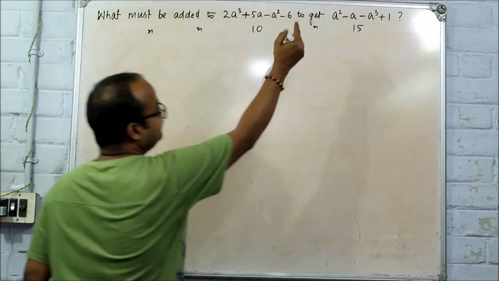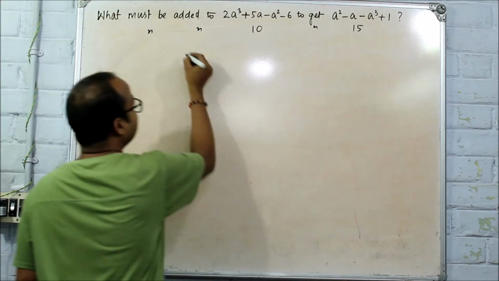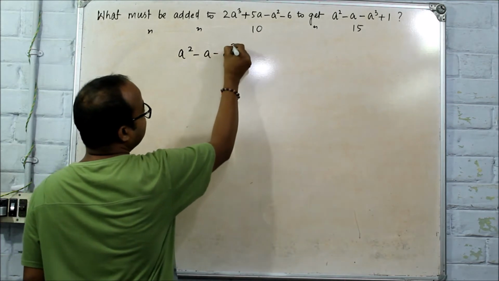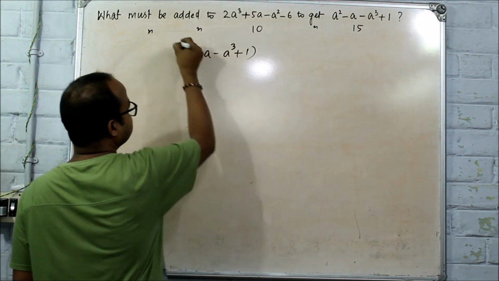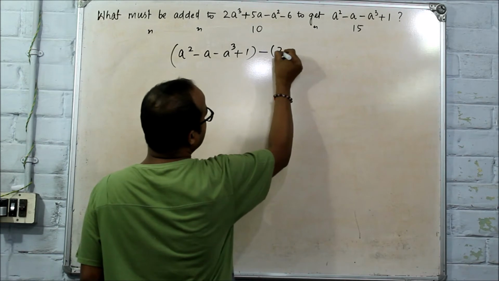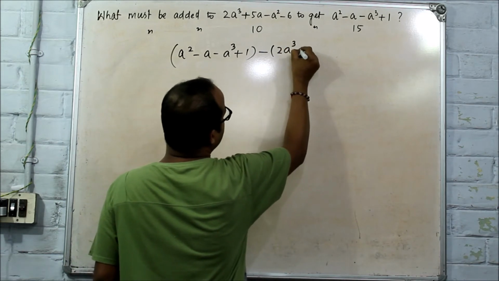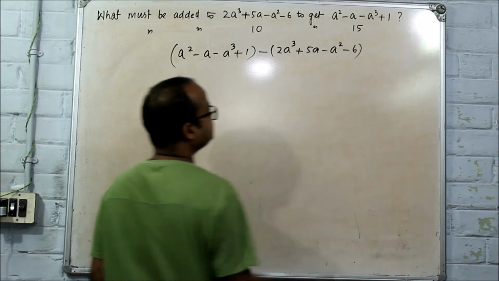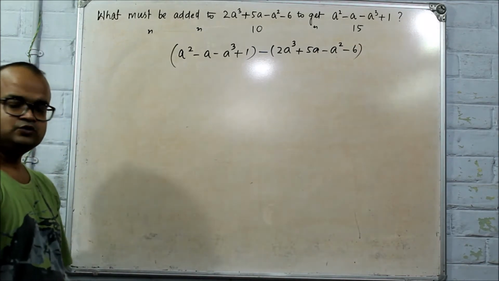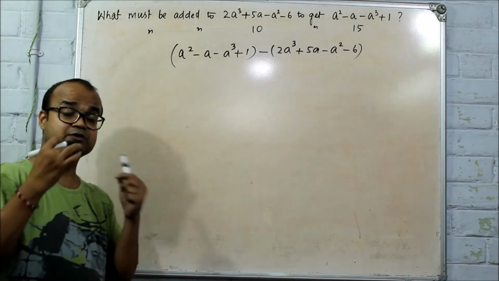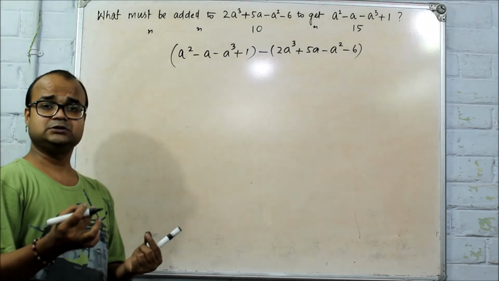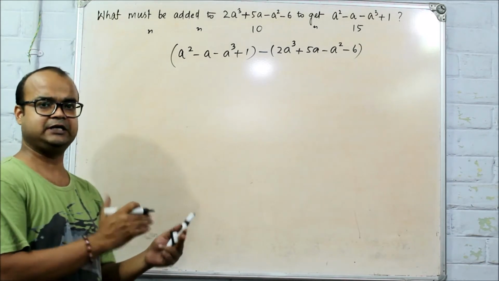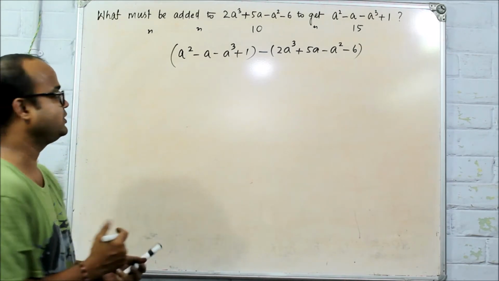In the same way, we subtract a square minus a cube plus 1 minus 2a cube plus 5a minus a square minus 6. Whenever you get some problem or confusion, take numbers, put them in the sum and find out what you would do in arithmetic. The same way you need to do in algebra.